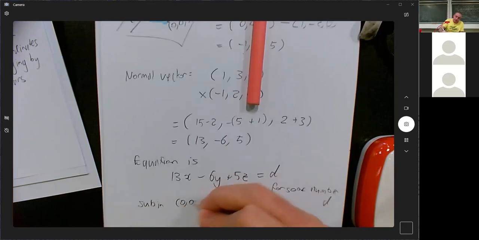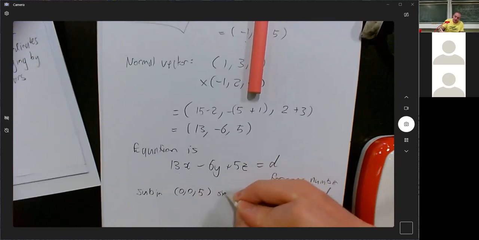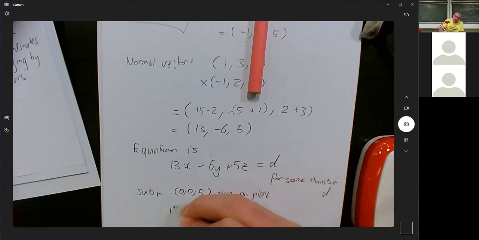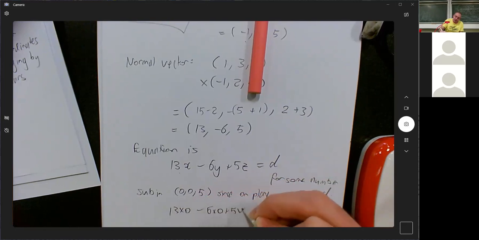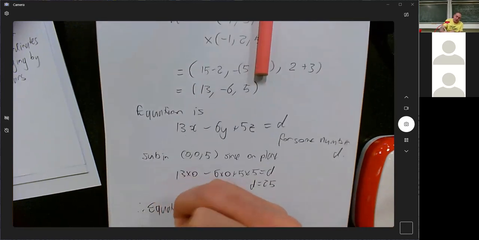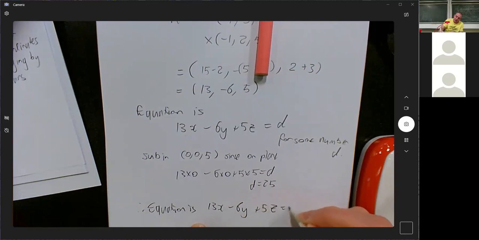Sub in 0, 0, 5. That seems like the easiest one to sub in because it's got lots of zeros in it, since it's on the plane. And so I've got 13 times 0 minus 6 times 0 plus 5 times 5 is d. And so d is 25. And so therefore the equation is 13x minus 6y plus 5z is 25.